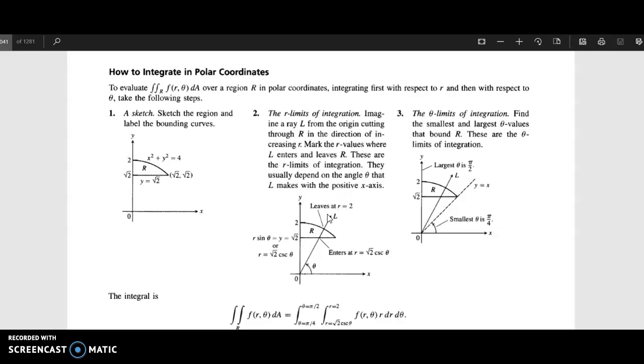Here L enters into the region, and at this point the line leaves the region. So find the r values here and here.